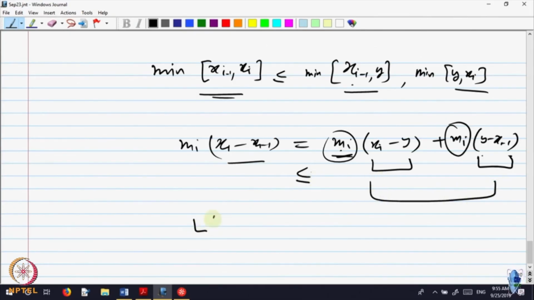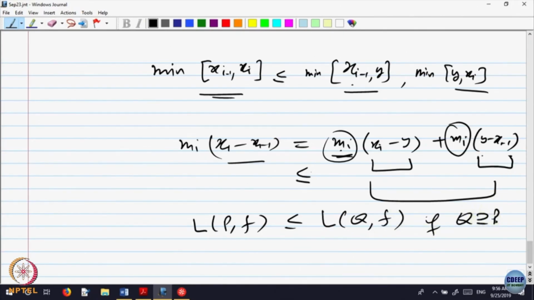So the lower sum with respect to p is less than or equal to the lower sum with respect to q if q is a refinement of p, right. And when you look at the maximum, it is the other way around. So the lower sums tend to increase and upper sums tend to decrease.